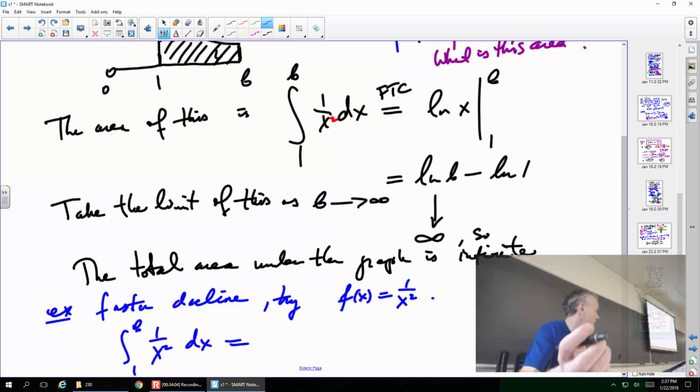What kind of function is this? Is it rational? It is rational, but it's simpler than that.